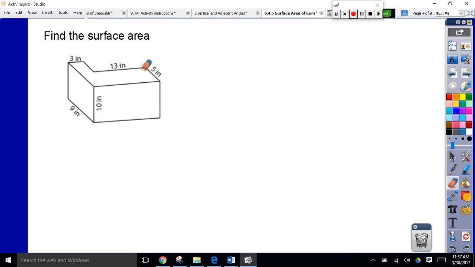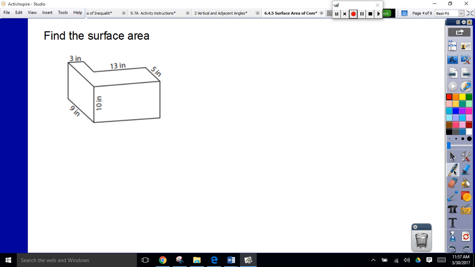So don't do it that way unless you really want to be adventurous and do even better than I did, because if you can solve it doing it that way, I'll be very impressed. Michael. Did you solve it that way? I did finally solve it that way, but it was very frustrating because I was thinking there were more sides touching, or more sides I should take away than I actually should have taken away, or less. I can't remember which way it went. So it's really kind of tricky to do it that way.